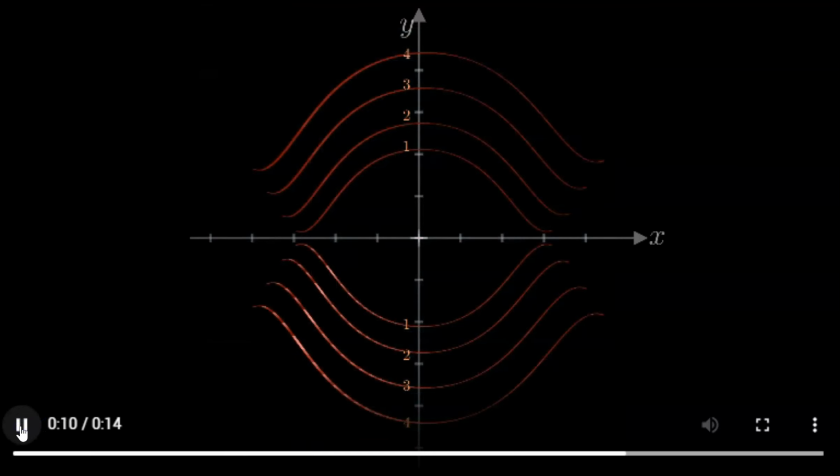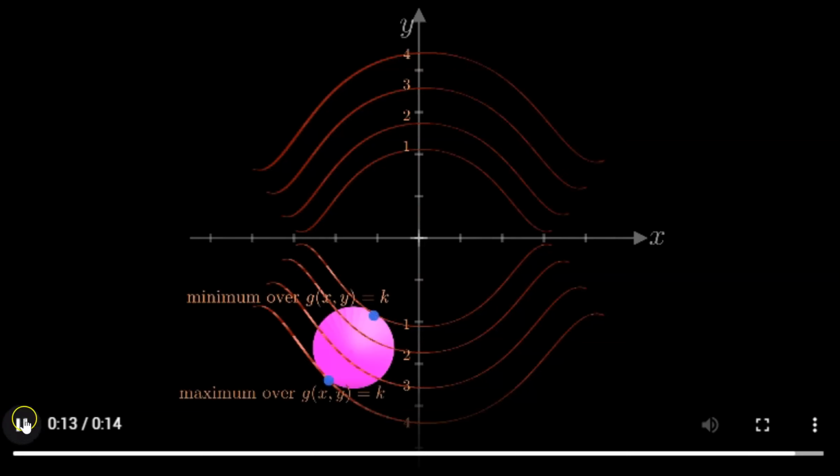And now we're going to superimpose that region from our constraint. You'll notice that as we do so, the maximum and minimum values for our function f of x and y, subject to this constraint, occur along level curves. The minimum is along level curve 1, and the maximum is along level curve 4.